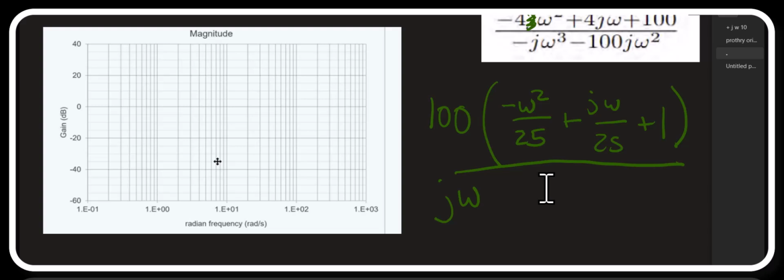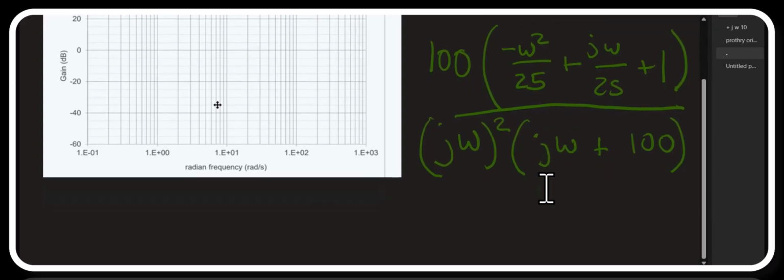Really I'm factoring out a negative omega squared, and I'm left with j omega plus 100. Ooh, I think I got that right. I did.